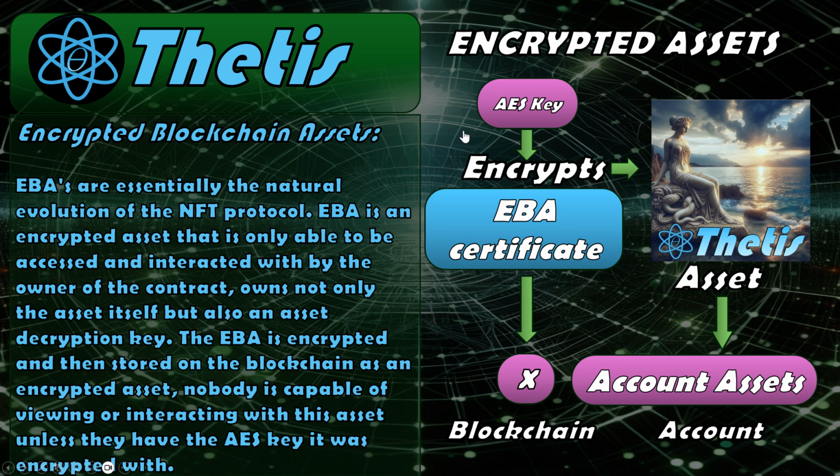The rundown here, we're going to look at this. We start off with an AES key. Every one of these assets has its own AES key, and this is used for AES encryption and decryption. This key is also unique to the account that's holding the key, and it's compressed with that account's compression key.